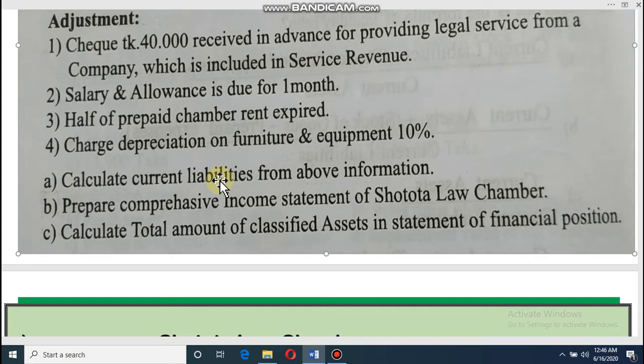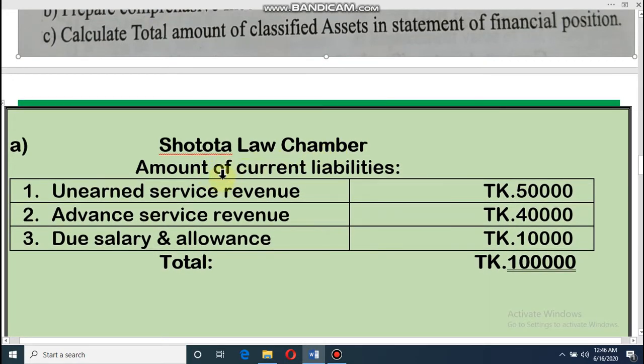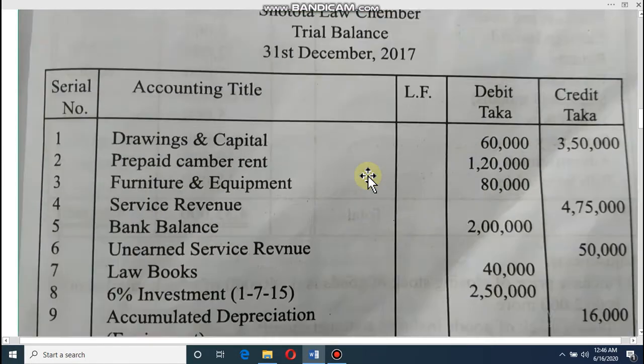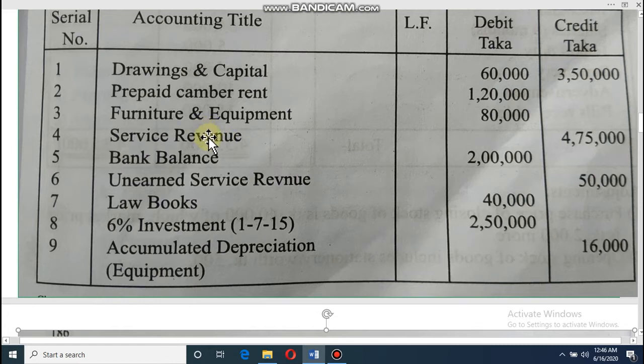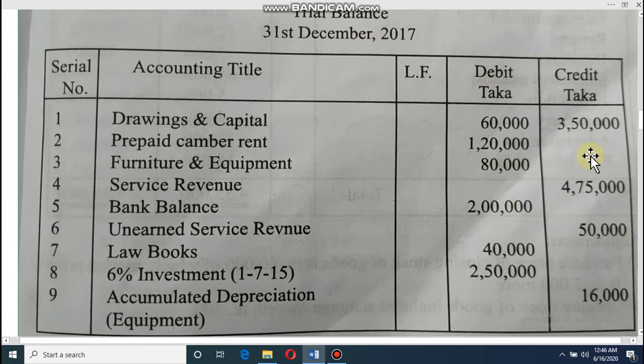Dear student, let's come to the solution. Shatata law chamber, amount of current liabilities. Look at the question, current liabilities. That means which we have to pay within a short time, and you know in the trial balance liabilities are on the credit side. Capital, it is owner's equity, not liability.